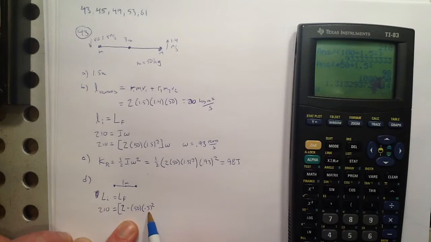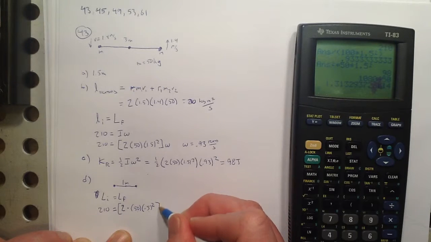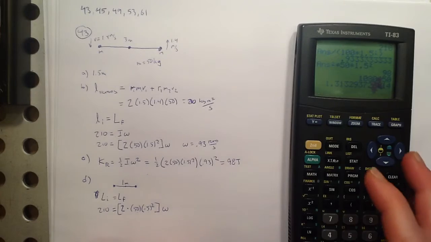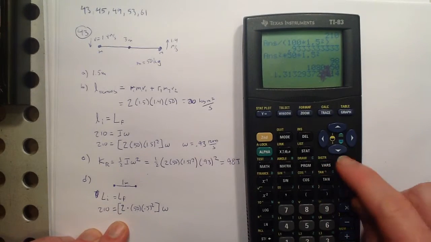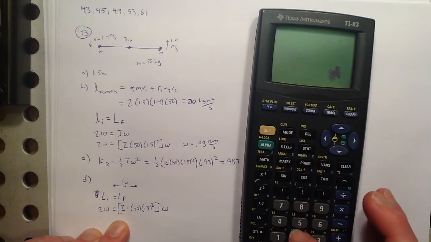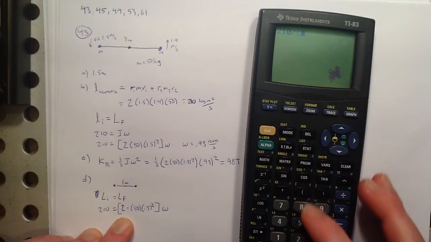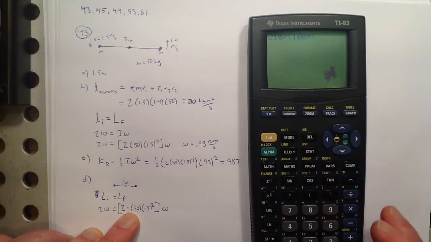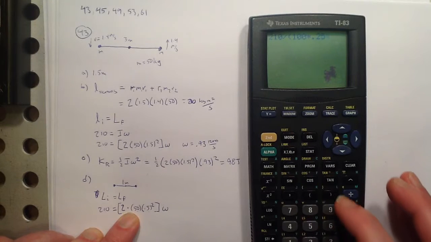So that's the m r squared for each skater times 2, because there are 2 of them, times the new angular velocity. So that looks like 210 divided by 2 times 50, which is 100, times 0.5 squared.